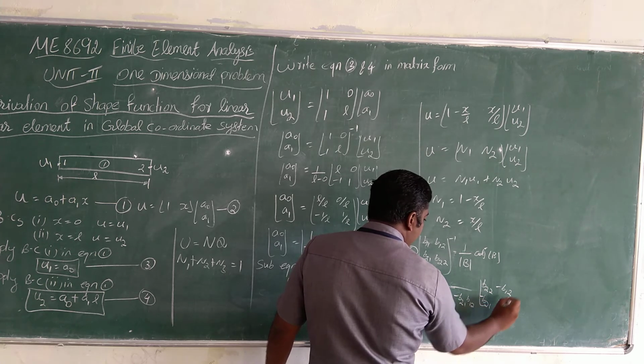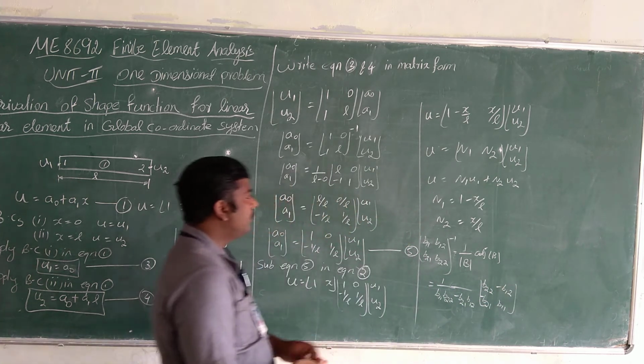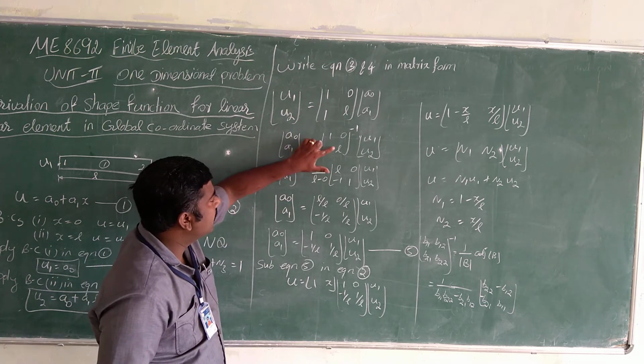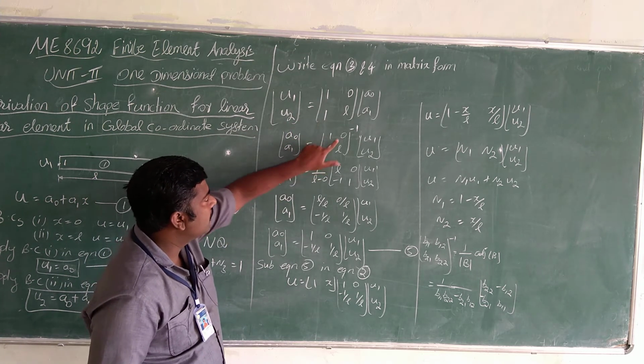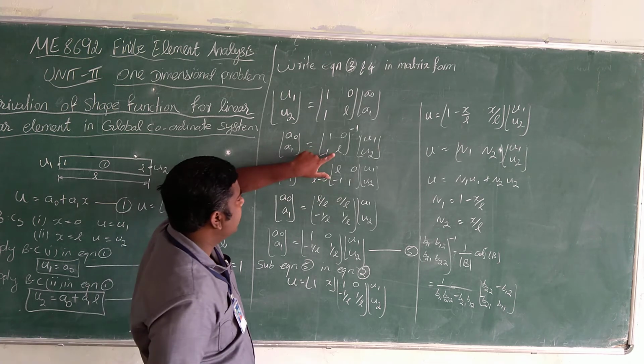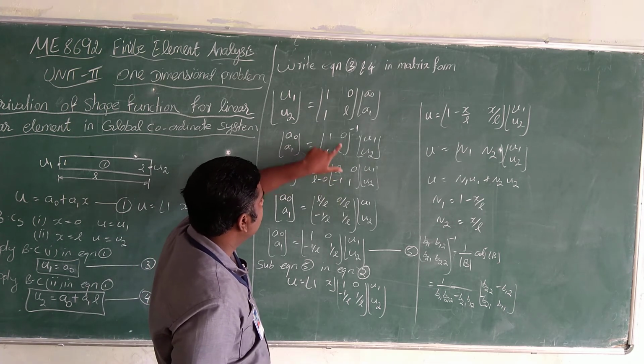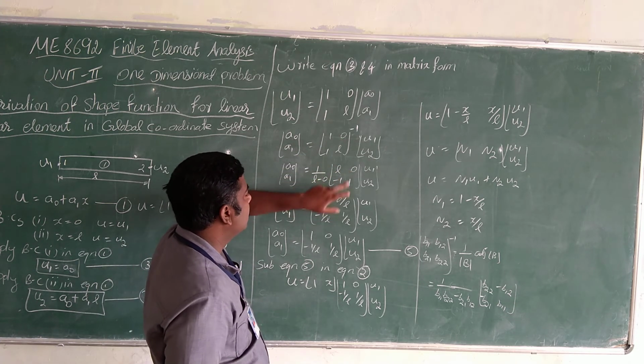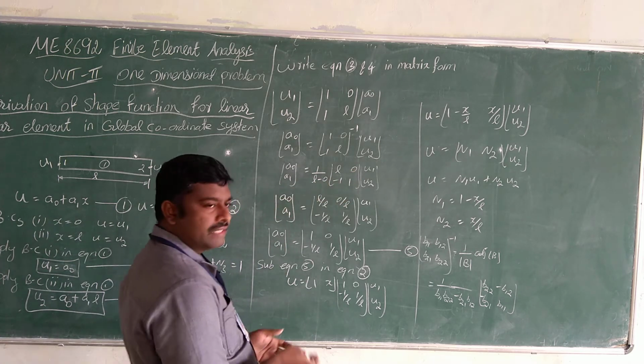So the determinant is 1 into L minus 1 into 0, and interchanging the diagonal values gives L, 1, with minus 0 and minus 1.